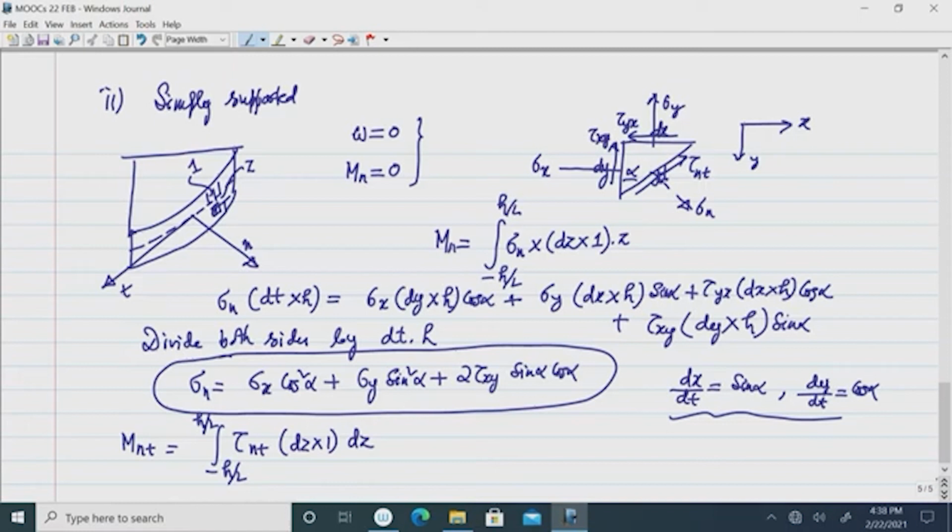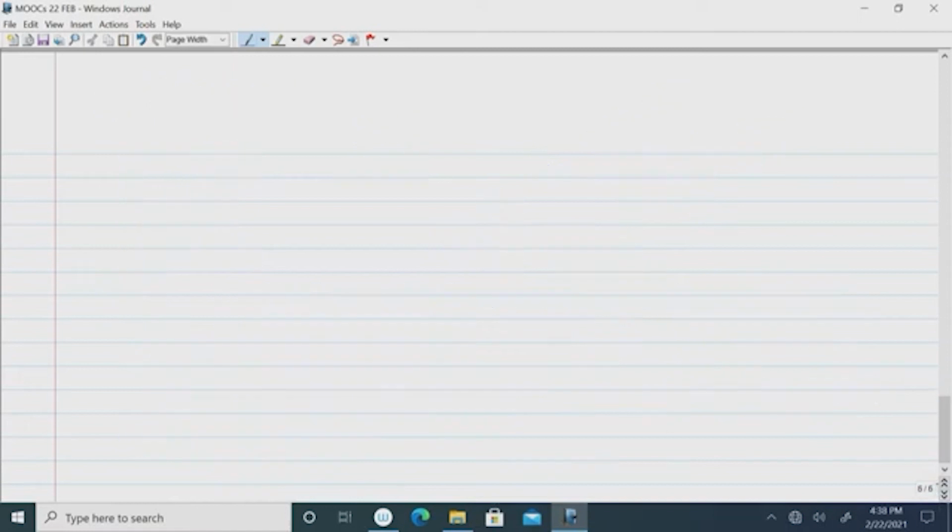Tau nt is found after resolving the forces. Say this is my triangular element that I have shown you, here it is alpha and this angle is dt, this is dx, this is dy.